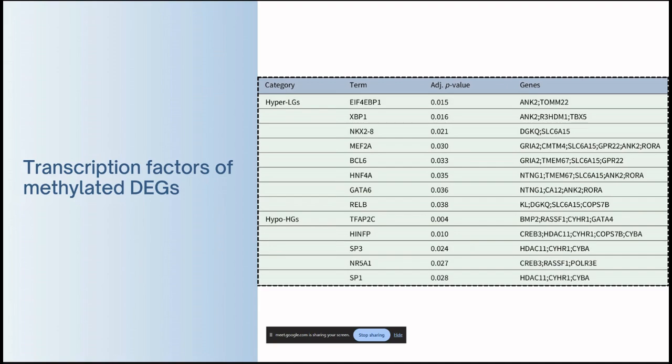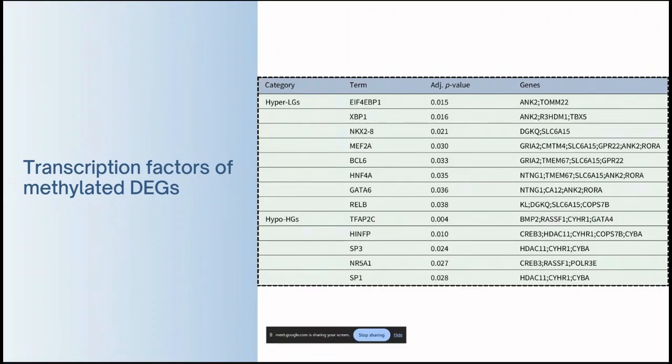These transcription factors are involved in cell survival and stress response, such as XBP1 that is linked to endoplasmic reticulum stress. Since these genes are hypermethylated and downregulated, it suggests that methylation may suppress important regulatory networks involved in neural function, immune response, and cellular homeostasis in Alzheimer's disease.